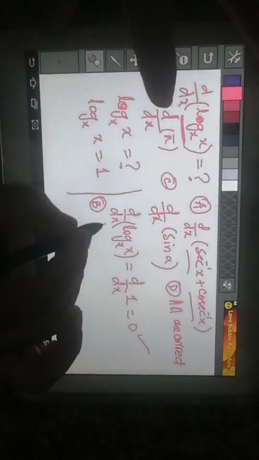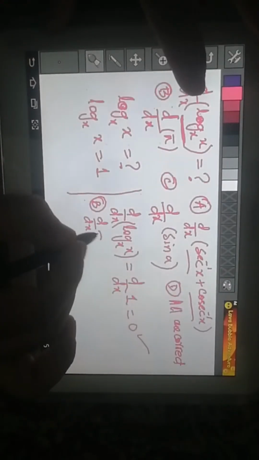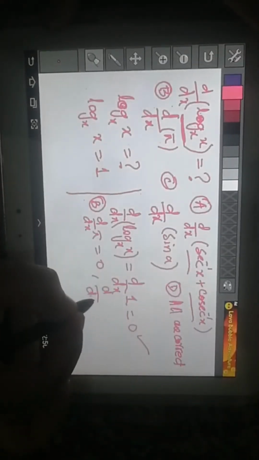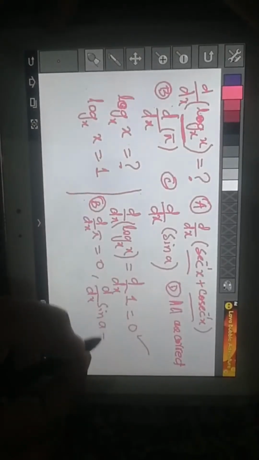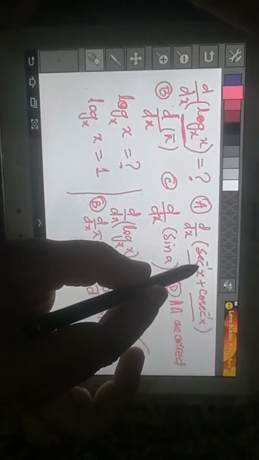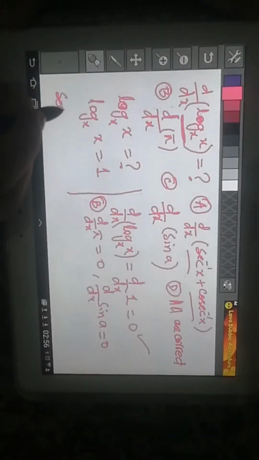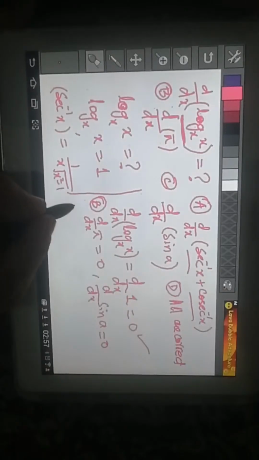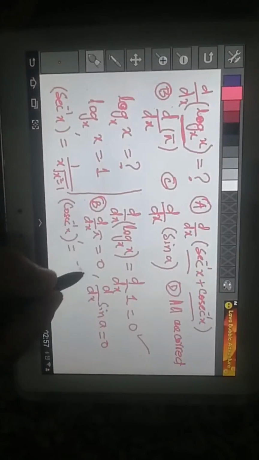And option B, derivative of pi. Pi is constant, its derivative is 0. d by dx of sine A. You know that sine A is constant, its derivative is 0. And what about this? The derivative of secant inverse of x is 1 by x square root x square minus 1, and the derivative of cosecant inverse of x is minus 1 by x square root x square minus 1.